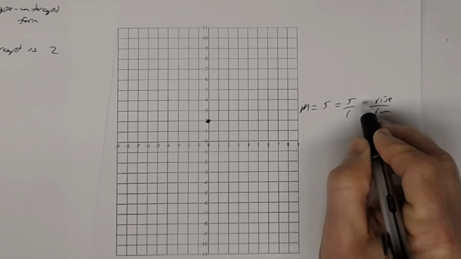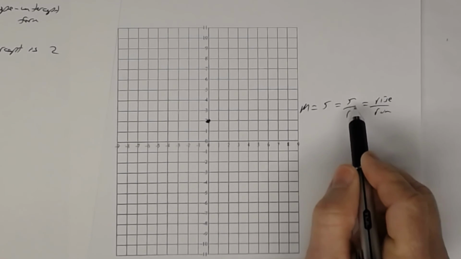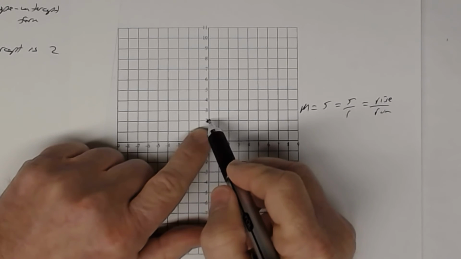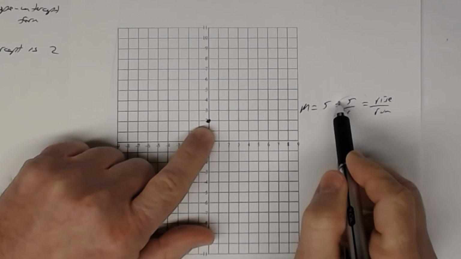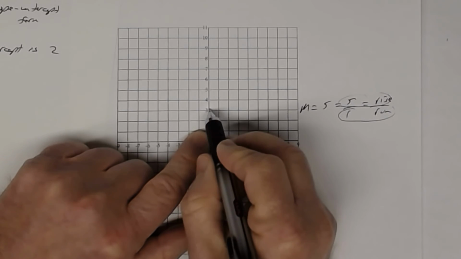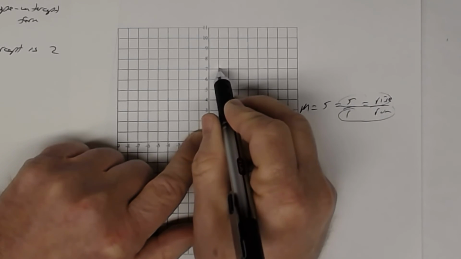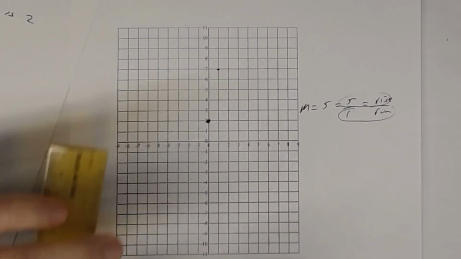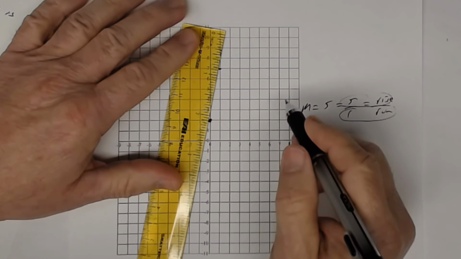First of all, let's graph this. You're given a point, which happens to be the y-intercept, and you're going to go up 5 and then to the right 1, right? So we're going to go up 5, 1, 2, 3, 4, 5, and to the right 1. And so when you draw that line, you're trying to find the equation of this line right here.